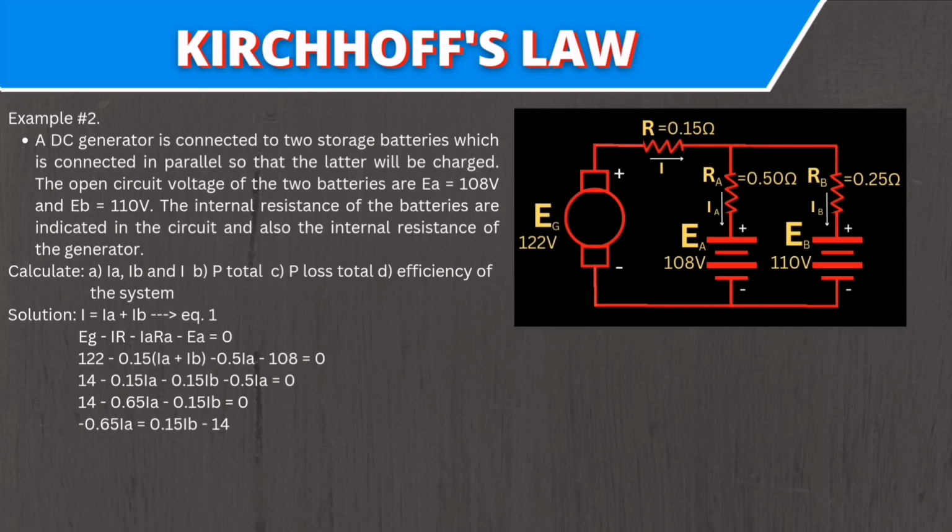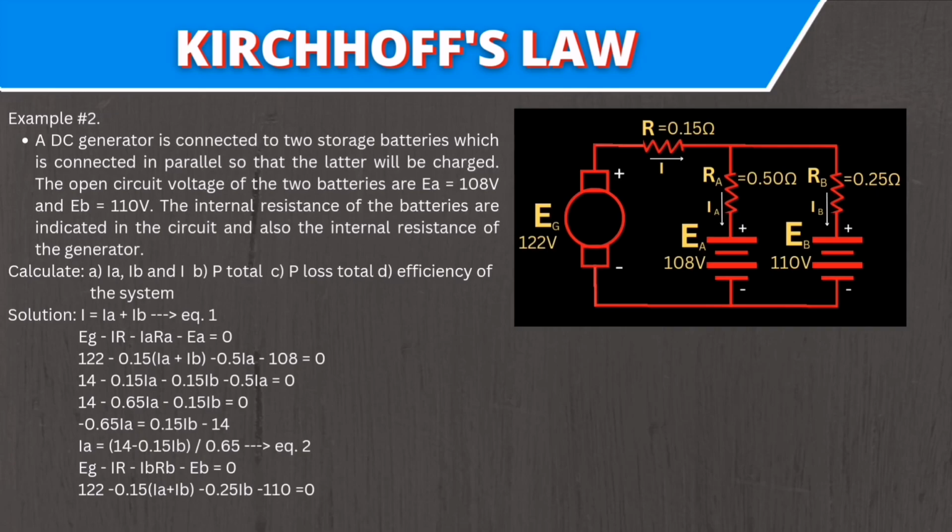Equating it to I sub A. So negative 0.65 I sub A is equal to 0.15 I sub B minus 14. I sub A is equal to 14 minus 0.15 I sub B all over 0.65. It will be our equation number 2. Writing the voltage equation from E sub B. E sub G minus I times R minus I sub B R sub B minus E sub B equal to 0.